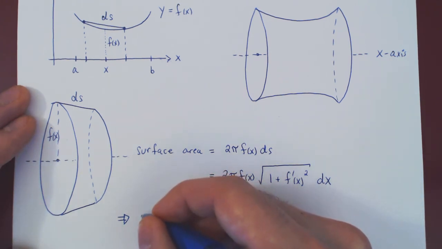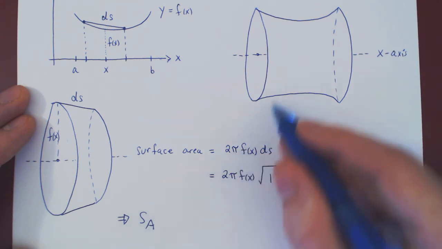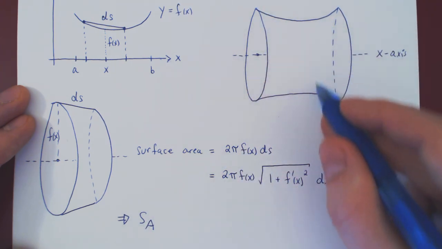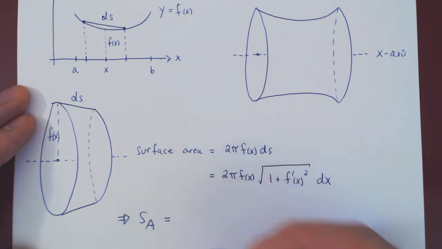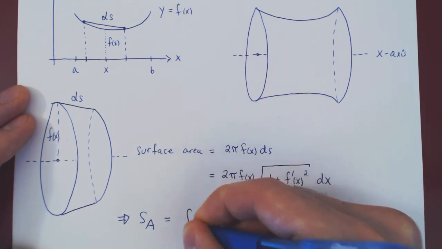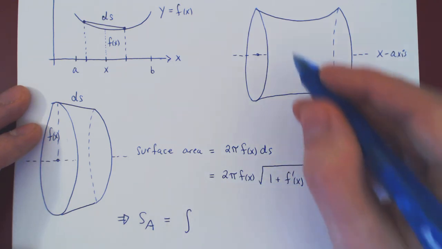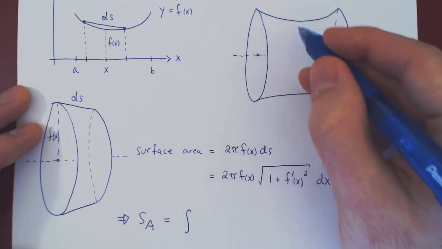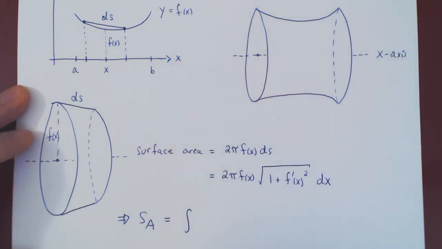So now you can imagine, if we want the entire surface area, and I'll call this S sub A, the entire surface area of our surface of revolution, well, how do we obtain this? We have to sum the surface area of every infinitesimal shell forming up the full surface.